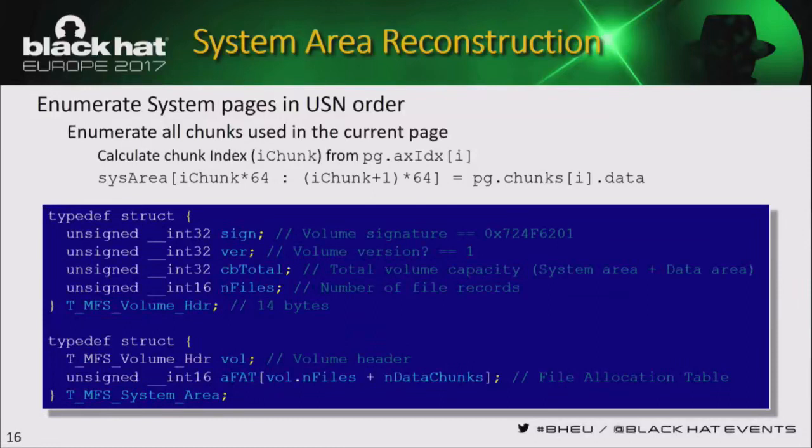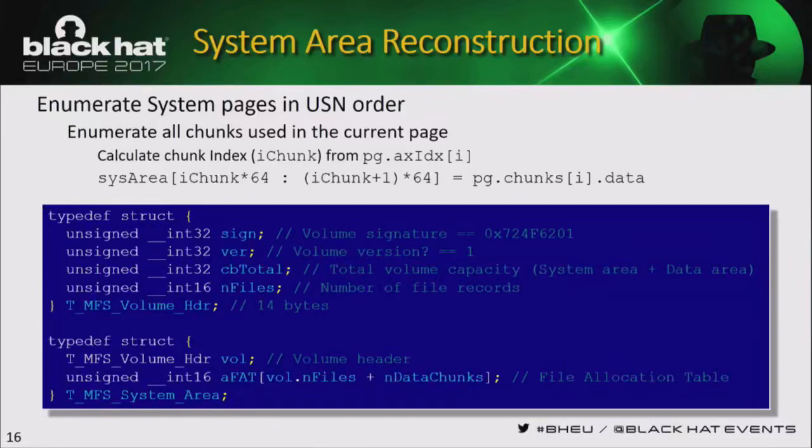when the driver for MFS updates data, it tries to make as few erases as possible, and it just overwrites some pieces of the system area to avoid additional erases. And when you rebuild the whole system area, you can find that inside it there are two fields.